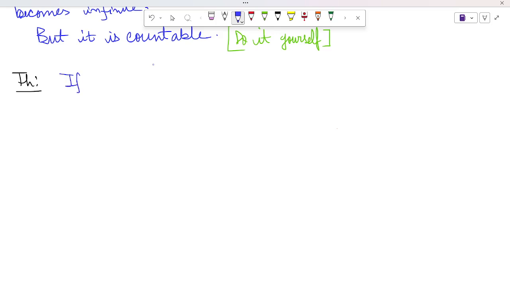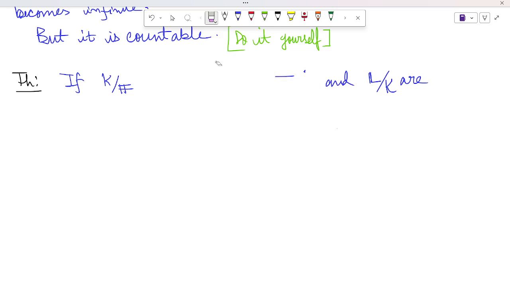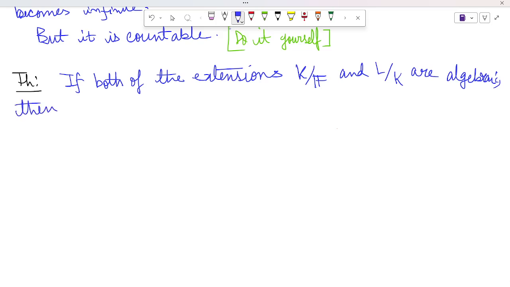That means if I have an extension K over F, and if L over K, if both of the extensions K over F and L over K are algebraic, then the extension L over F is also algebraic.